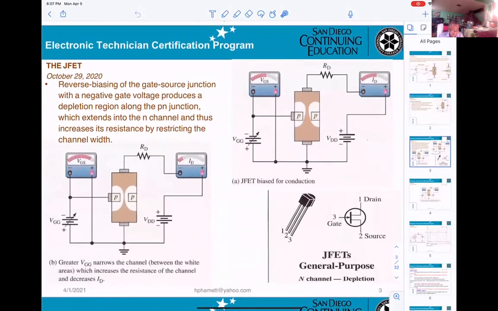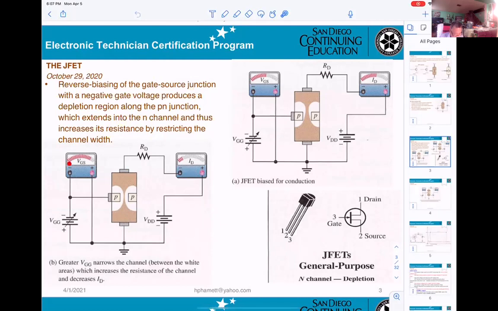Now, first thing, I try to see what's going on here. Looking at this first, this is the voltage they measure, VGS. VGS means the voltage from the gate to the source. And this will measure the current going from the drain to the source.